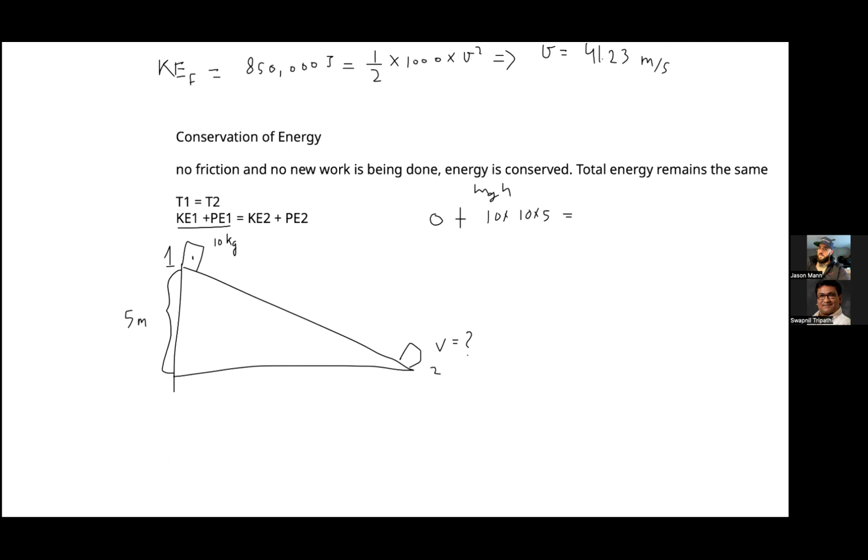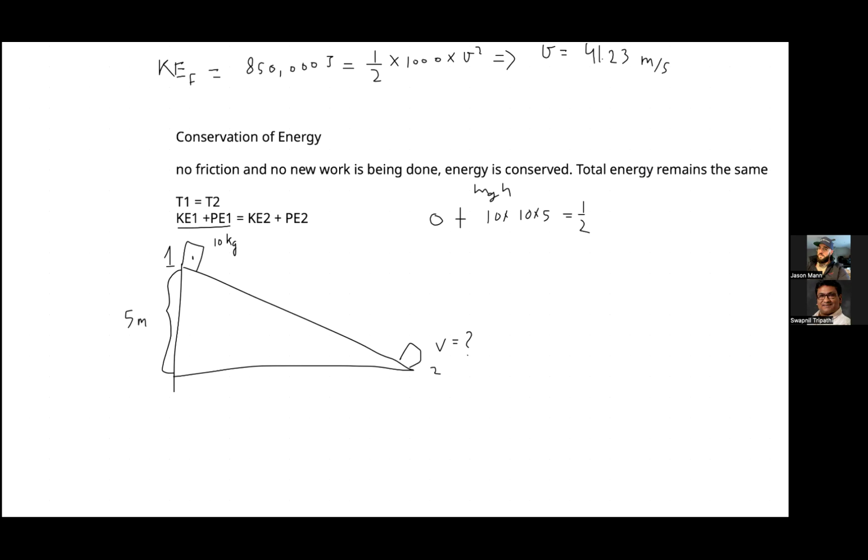What is the kinetic energy at 2? Kinetic energy is calculated as half mv squared, but we don't know what the final velocity is. So we will have to write it as a formula, half. We do know the mass, so we can put that down.